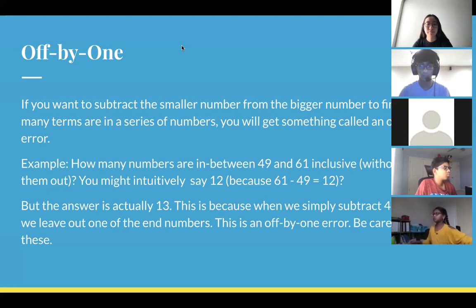This is because when we simply subtract 49 from 61, we leave out one of the end numbers, and this is called an off by 1 error. Usually these are pretty simple, and once you get into the habit of recognizing that it's off by 1, these kinds of mistakes will go away. So be careful about off by 1 errors.